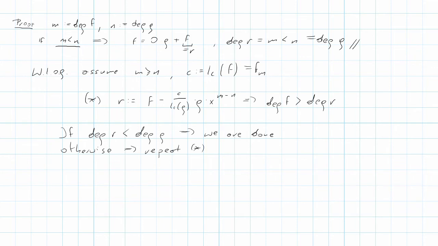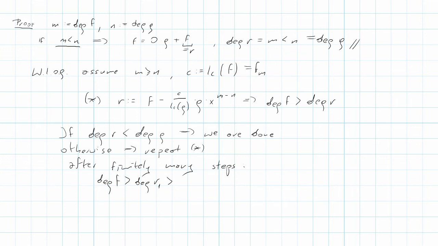Since in each step we reduce the degree of r, it's clear that after finitely many steps we will have degree f greater than degree r, and let's say that it's the first r.